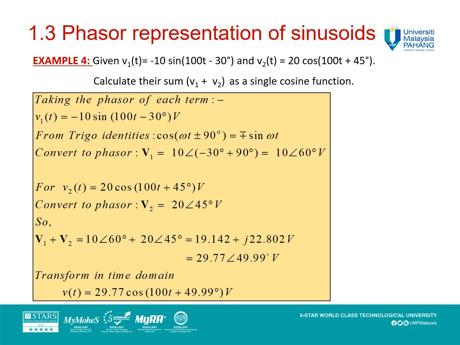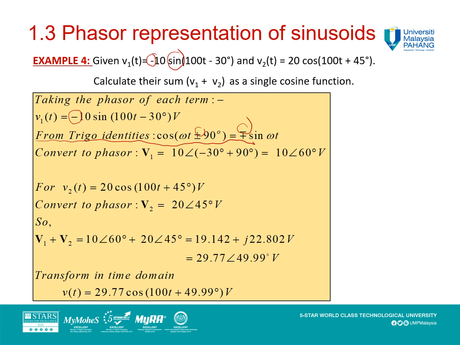So for example here you have 10 sine. You must convert to the positive magnitude, and you must convert the sine first, with positive amplitude. How to convert here? From the trigonometric identities, now you have a minus sign, so you must plus 90 degrees. Directly you can do it in polar form also.